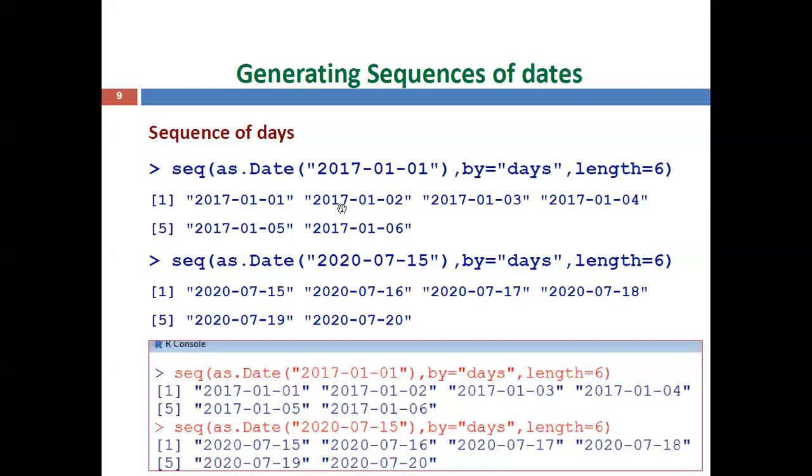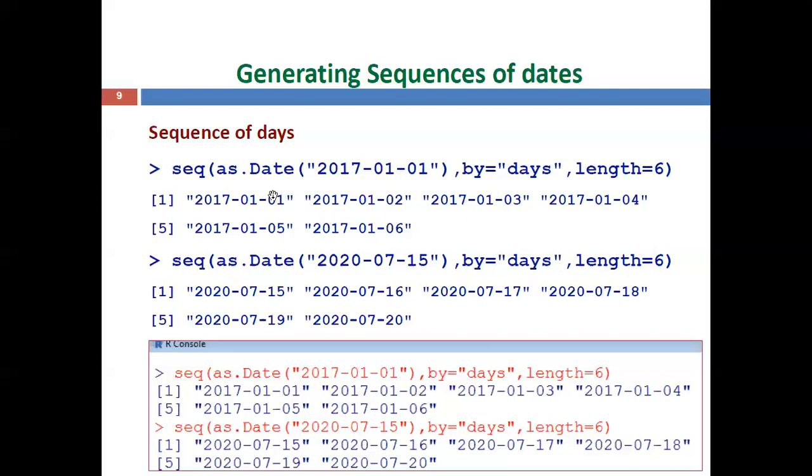Then next month, so now it is January, now it is increased by 1. Why? Because the length is 6. So 6 dates will be displayed based on the same year, same month, 6 days.